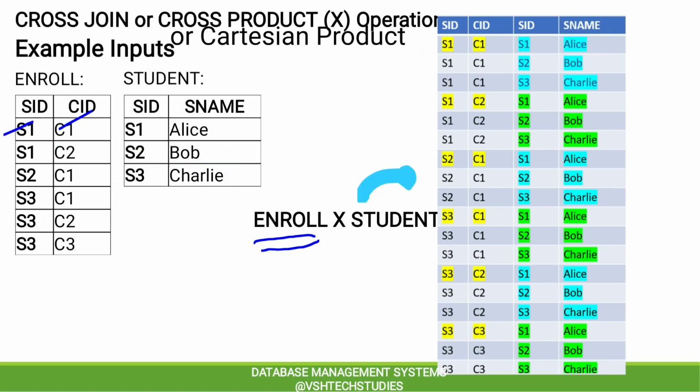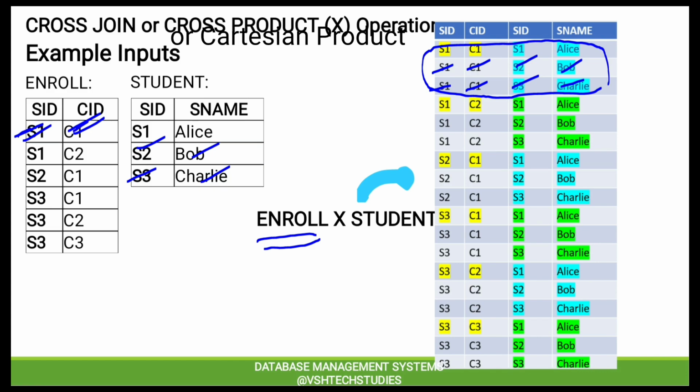So S1 C1 S2 Bob, and S1 C1 S3 Charlie. This part of the product relation is from the first row elements with the first row of the second table, then the second row, then the third row of the second table. This is how we obtain this part in the product relation, and this procedure must be continued for all remaining rows of the first table.